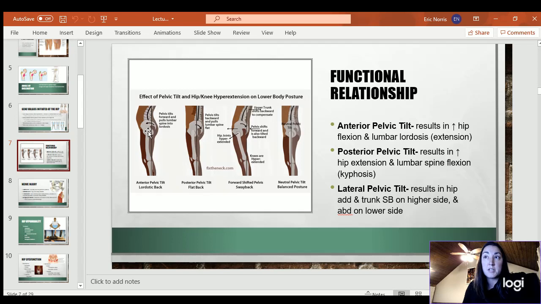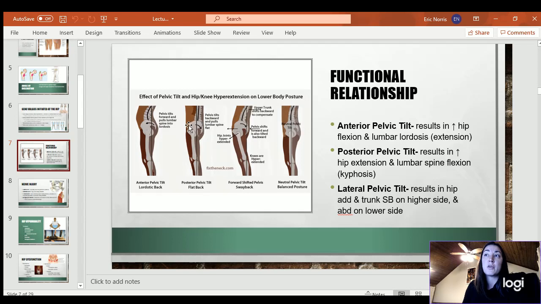So you'll have some slight flexion there at the hips, and you'll have an increased lordosis of the spine, which would be more low back extension. And then when the pelvis is tilted posteriorly, then you would actually have more of an extension occurring at the hip joint and more flexion or rounding out of the back.